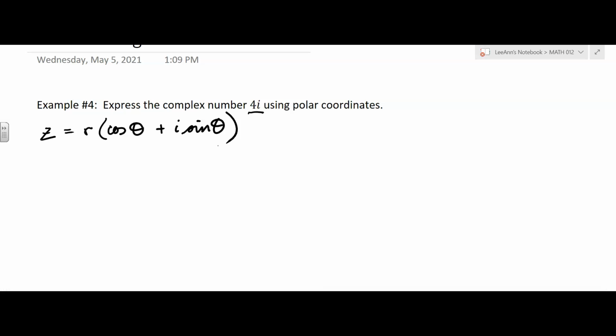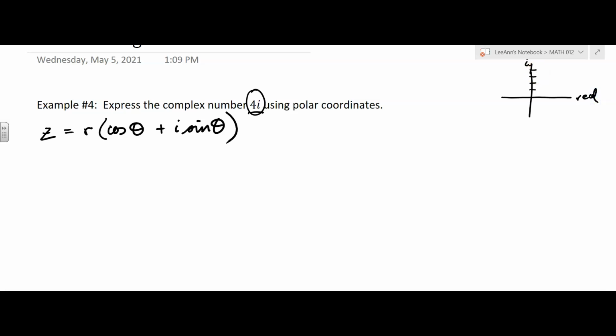Sometimes it's helpful to think about graphing this. So if I have 4i, then that's going to be 0 along the real axis, and then 1, 2, 3, 4 along the imaginary axis. So this is my imaginary axis, and this is my real axis.